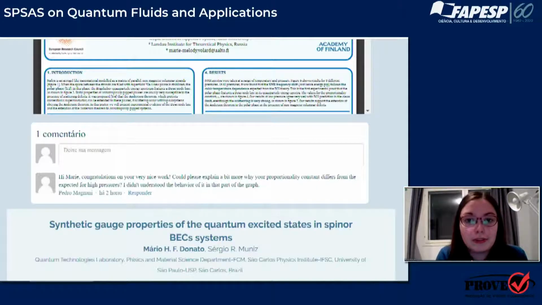So we have some more competent people than me, some theorists that are currently working on this particular question. And so the answer, unfortunately, will have to wait a bit more for us to fully understand why the pressure affects so much this proportionality constant.